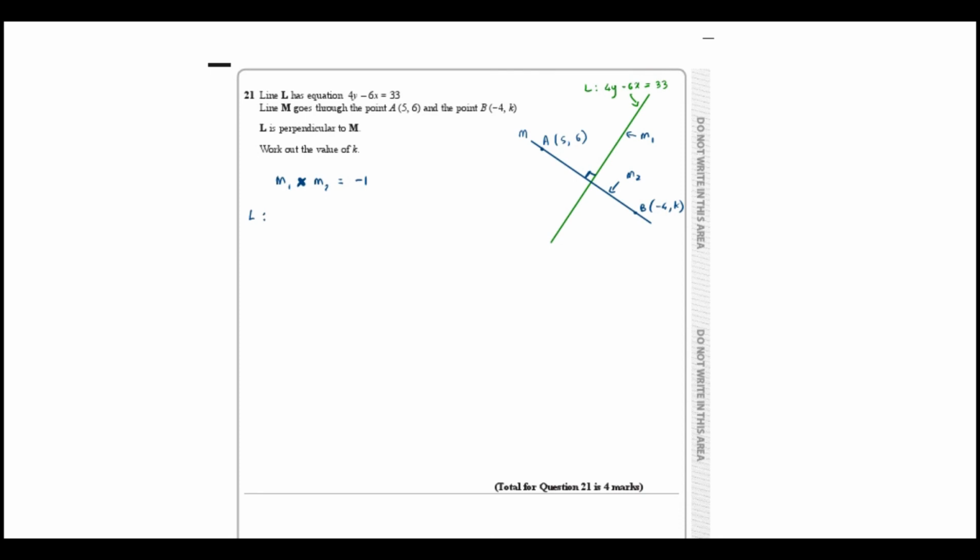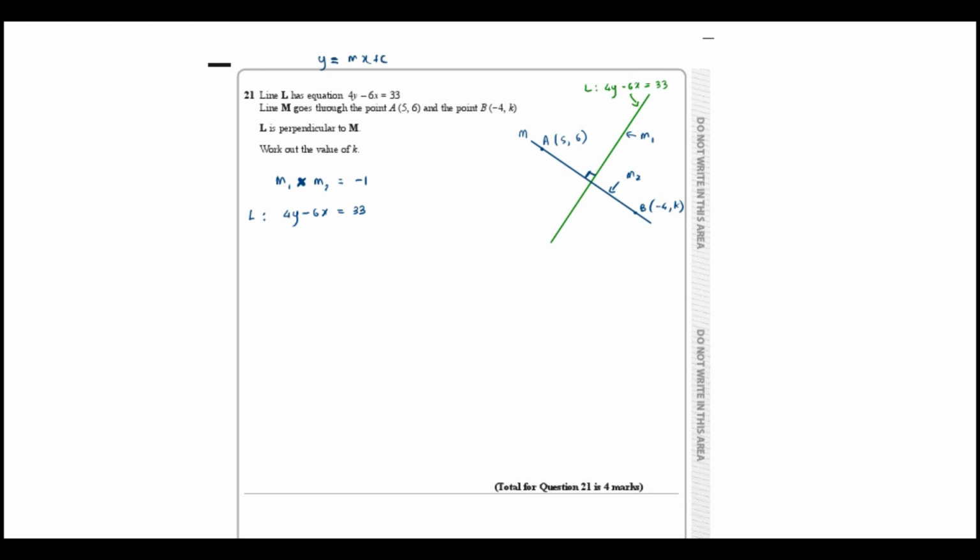The equation for line L is 4y minus 6x equals 33. I need to find the gradient of line L, so I have to make it in the format y equals mx plus c, where y is the subject.